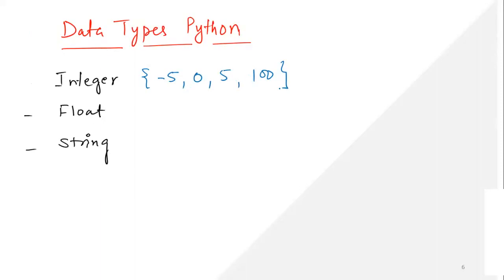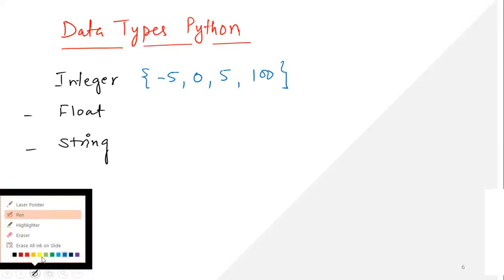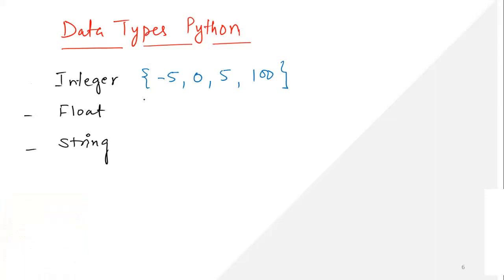Whereas floats are the numbers represented by decimal values, like -5.0, 0.0, 5.0, and 100.0. So the concept of integer and float is clear: what are the integer and what are the float?